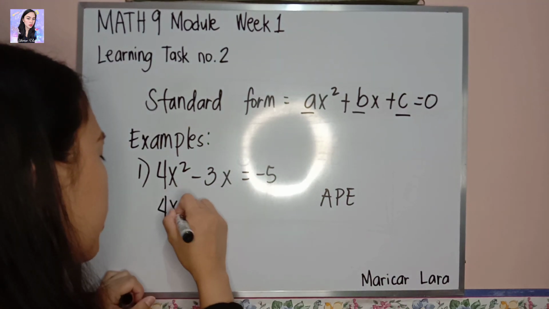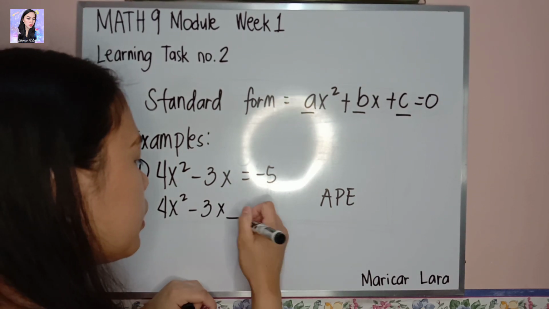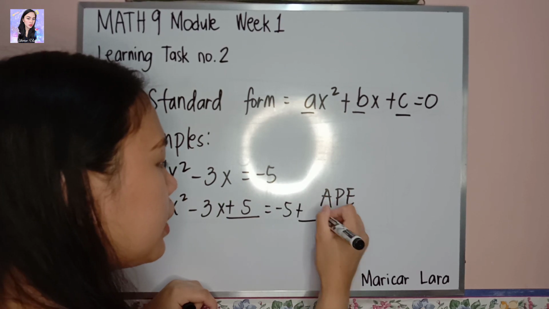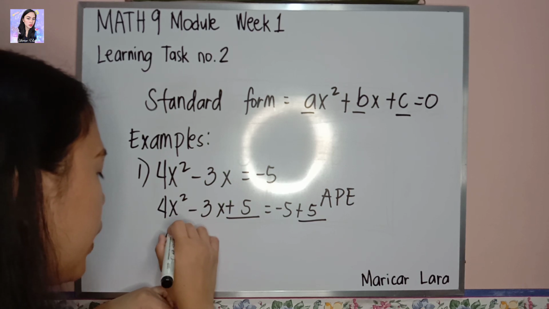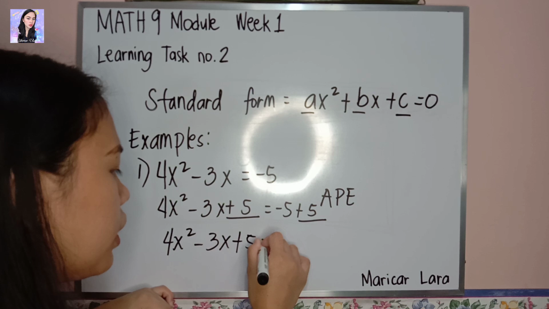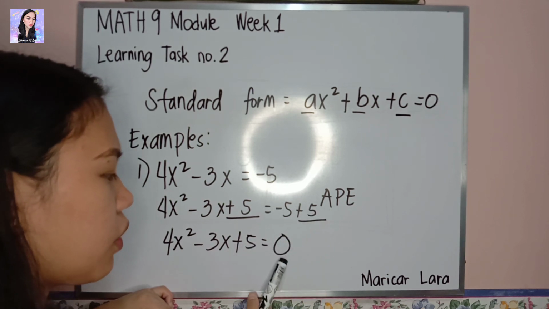So, 4x squared minus 3x, we add plus 5, equals negative 5, and we also add plus 5 here. So, let's copy this: 4x squared minus 3x plus 5 equals 0, because negative 5 plus 5 equals 0.